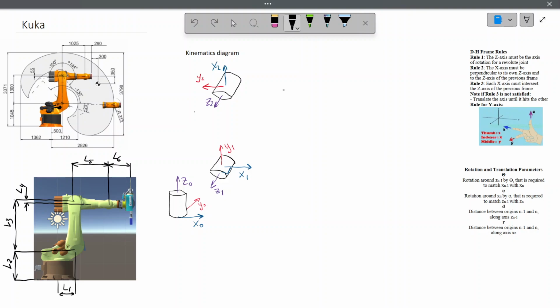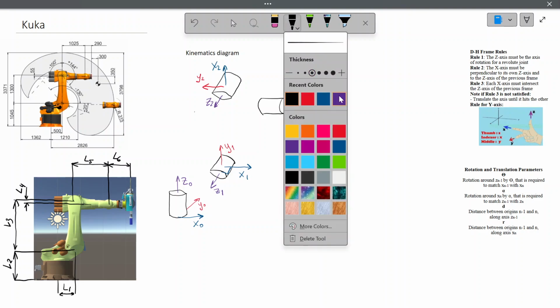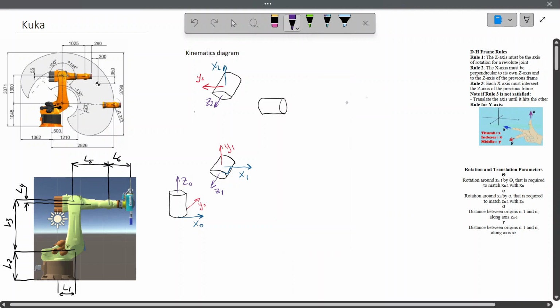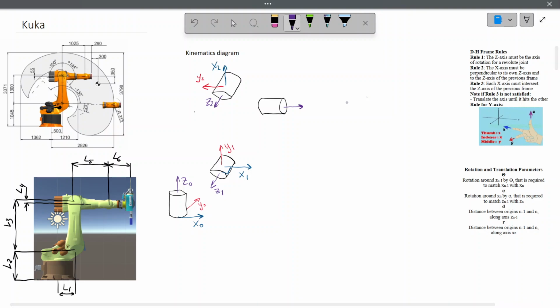So we should draw it somewhere down. Again, we start from the z-axis. The z-axis is the axis of rotation. For example, we can draw it left or right. So it's z3.